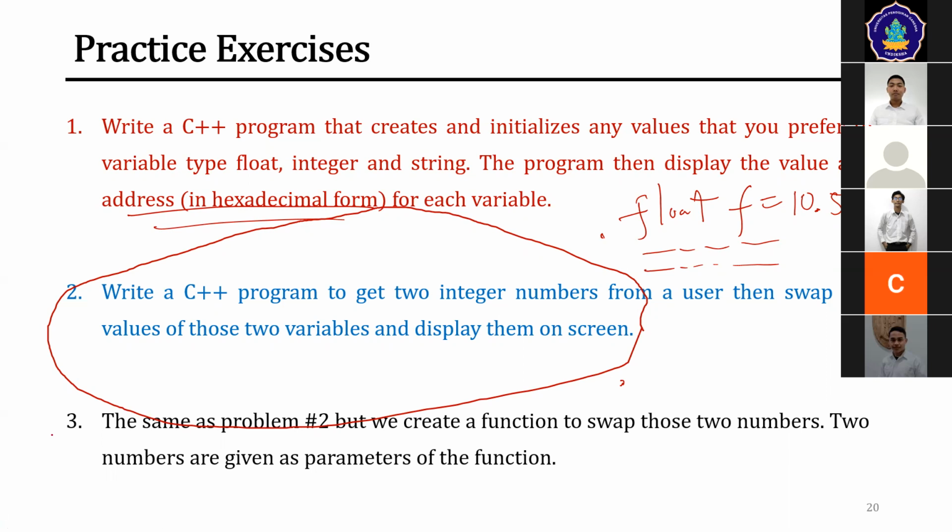And in number 3 here, you try to make it a function. You will see the difference. When you make it a function without pointer, what you see is not what you expected. You're trying to swap, to change 2 numbers, and when you make it a function, it does not give you what you expect. What you expect is for the numbers to change. But if you don't use a pointer in number 3, you will not get it.